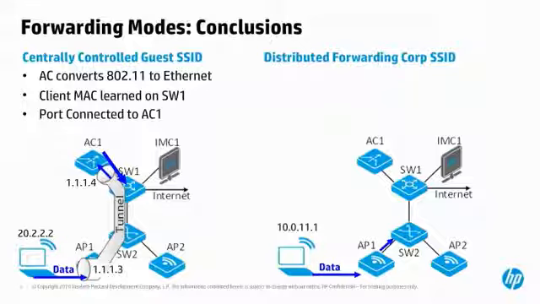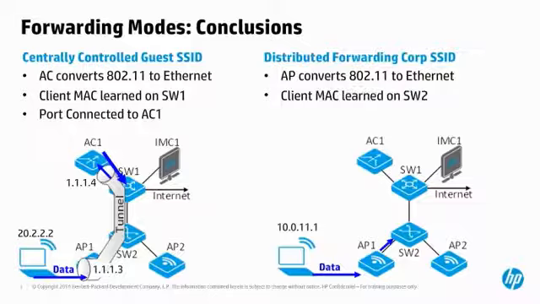The AP receives 802.11 wireless frames from the client, translates them into Ethernet frames, and forwards them directly toward their destination. Therefore, SW2 learns the corporate client MAC address on the port connected to AP1. From the wired switch network's perspective, this client can be reached via this port.